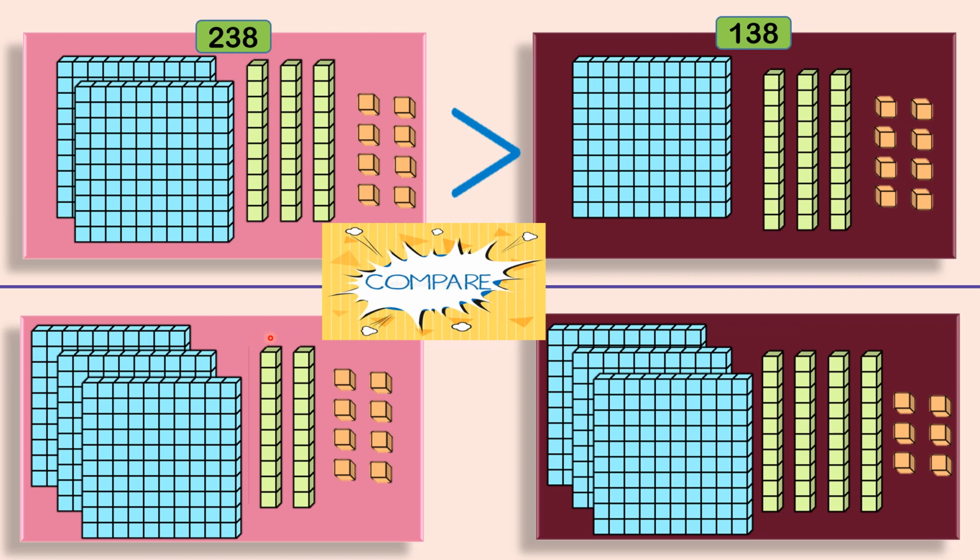How many groups of tens are there? 1 and 2 in the first picture, and in the second picture 1, 2, 3, 4. 4 groups of tens. No need to see other digits. As 4 is greater, 4 groups of 10 is greater than 2 groups of 10s, we are going to put the symbol lesser than. So here it has opened up towards the bigger number.